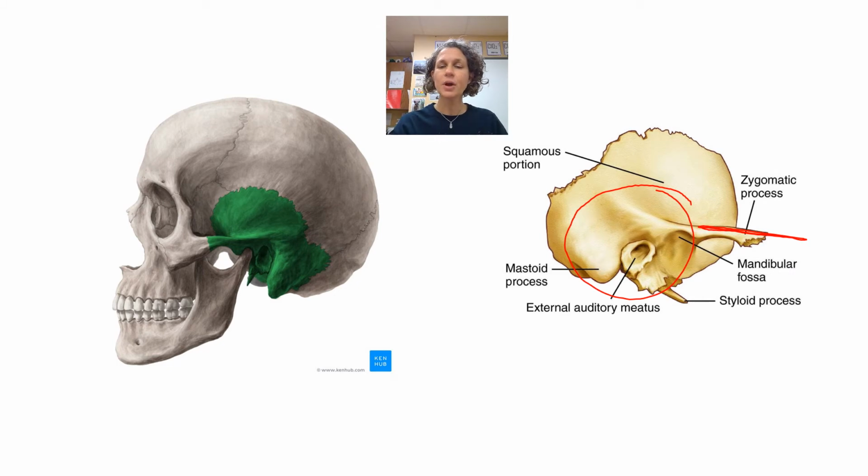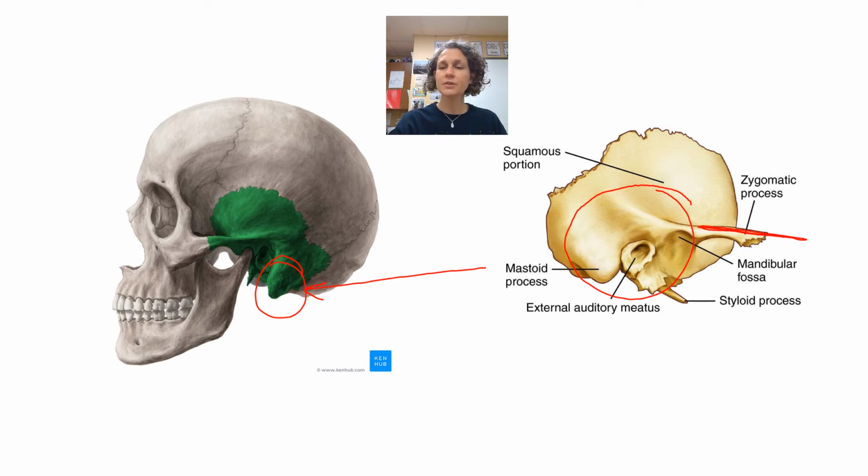The styloid process comes down, down below your jaw, you can't feel it. That's a muscle attachment. The mastoid process is that big lump I said behind your ear. Here's the mastoid process. It sticks out a little farther. Maybe you can see it better. And then, oh, what was the other thing?